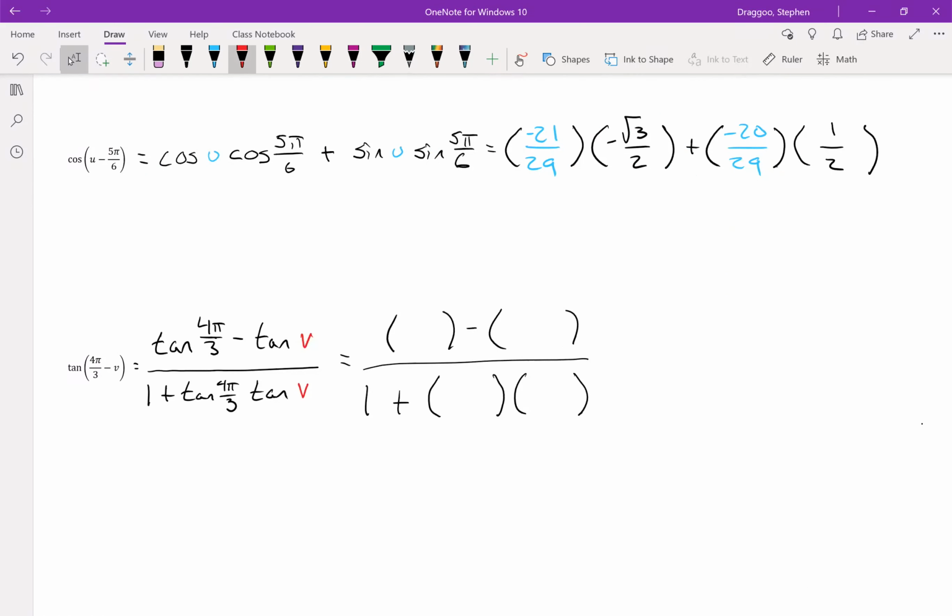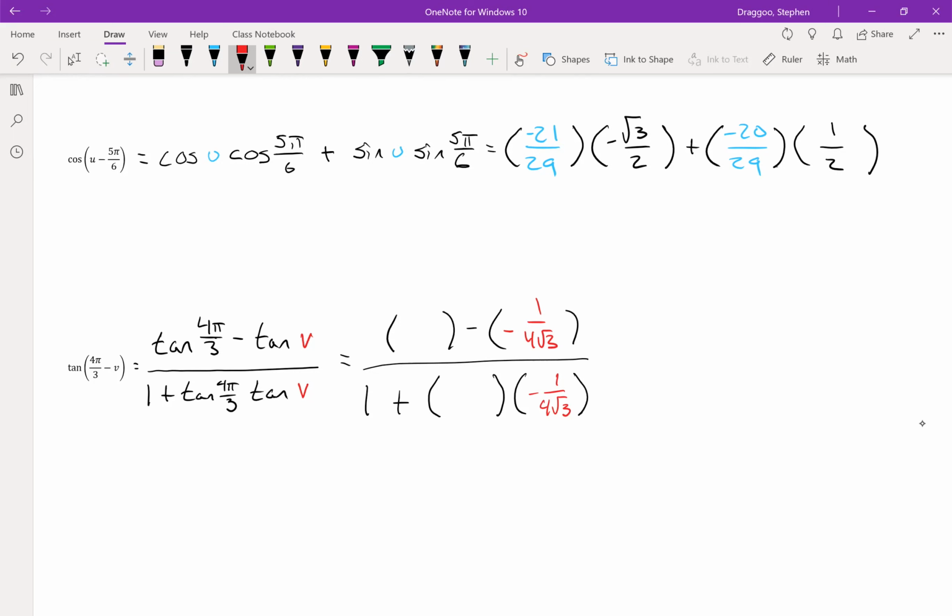So we'll fill that in for tangent v, negative 1 over 4 root 3, negative 1 over 4 root 3.